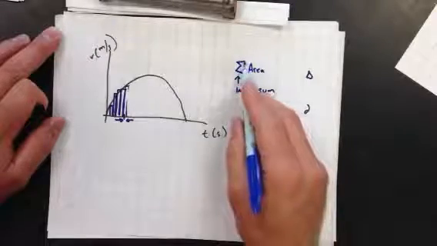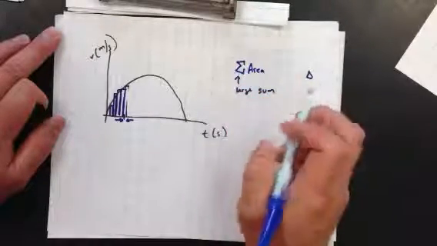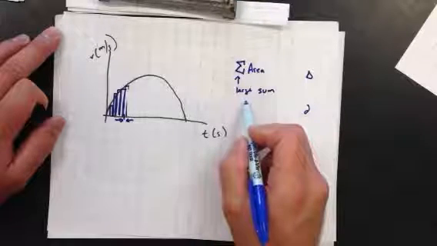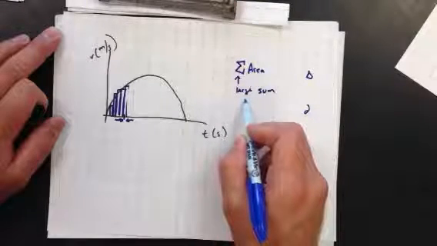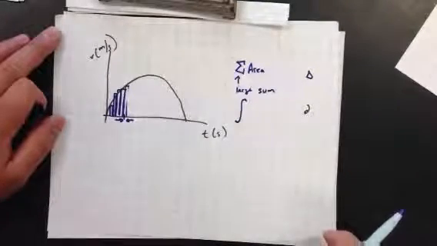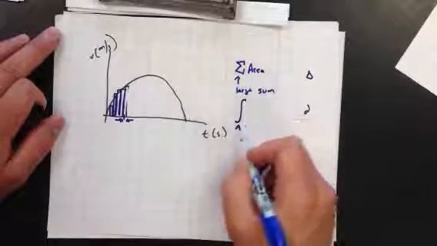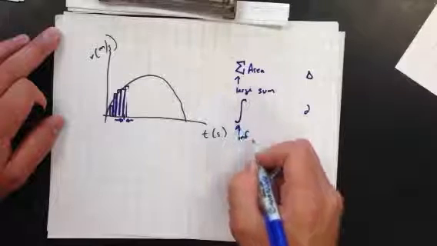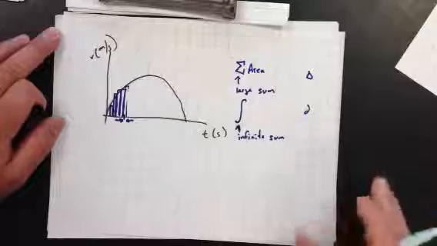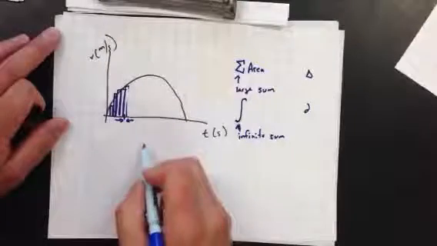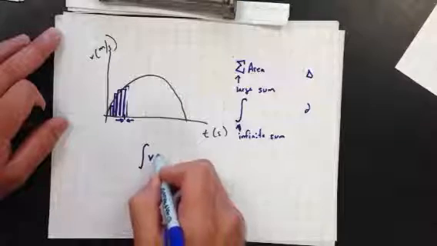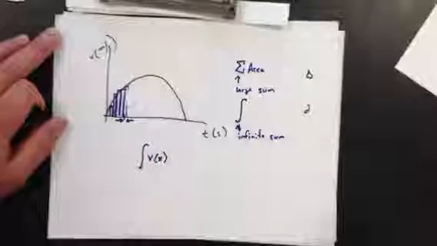We use, since this is sigma, which is an S, stands for sum, we use an integral sign, which is a really elongated hook-looking S. Okay, this is an infinite sum. So we would take the integral of the function v of x.